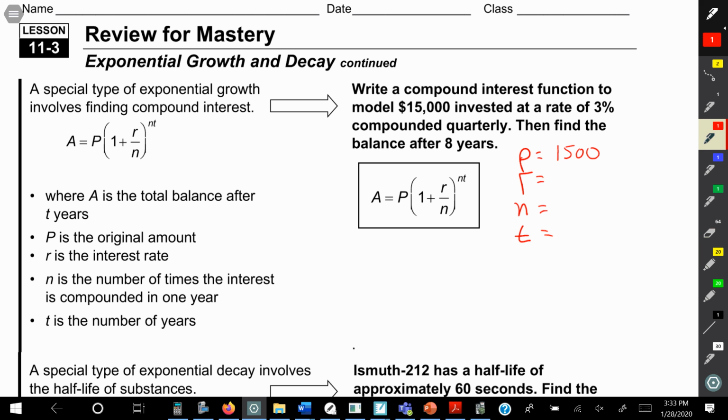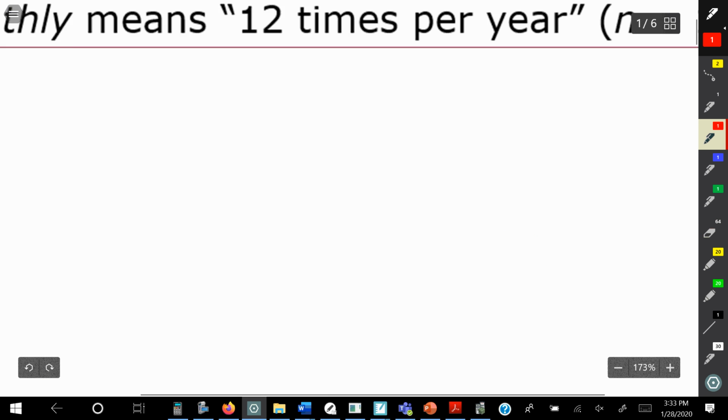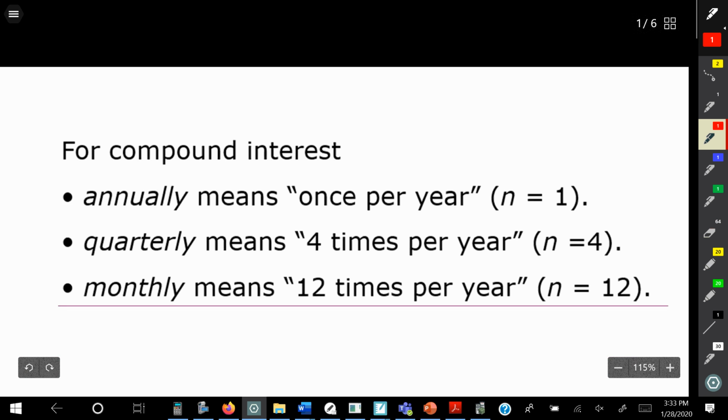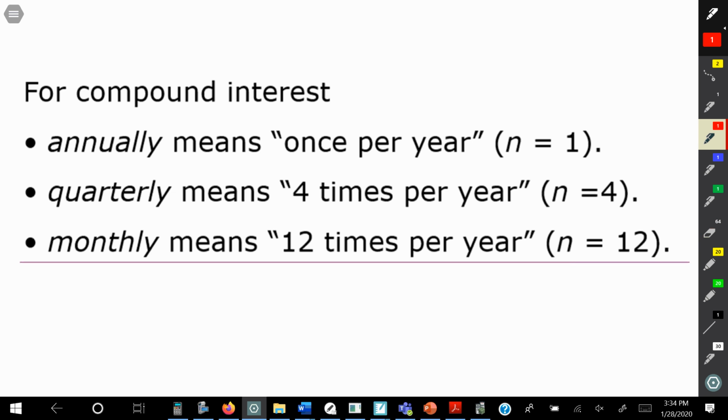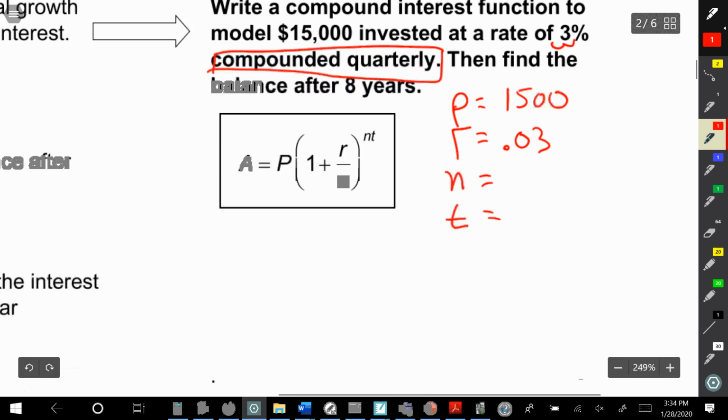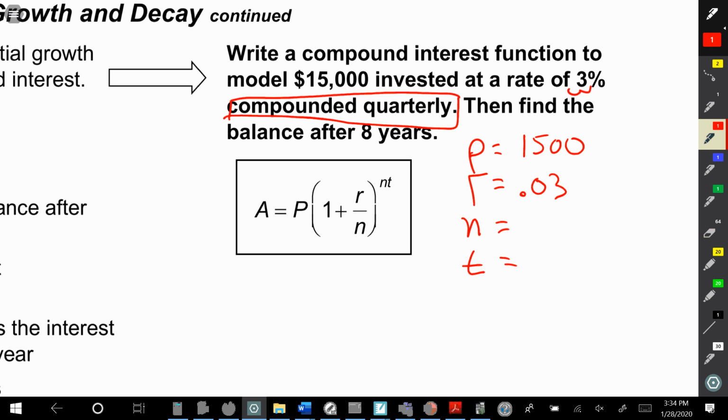I'm going to convert that by moving the decimal 2 places, so that's 0.03. And the n, I can determine based on the fact that it's compounded quarterly. That means it's 4 times a year, so I'm putting 4 in for n, and the time is 8 years.